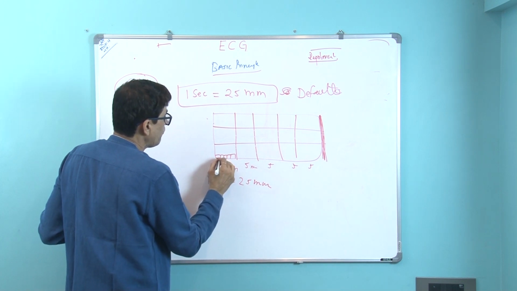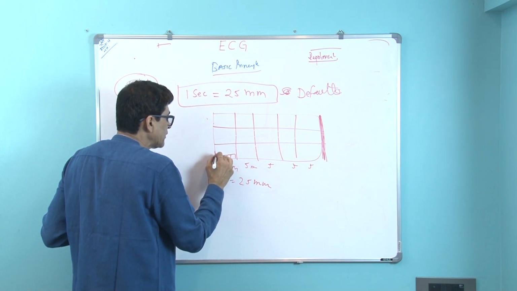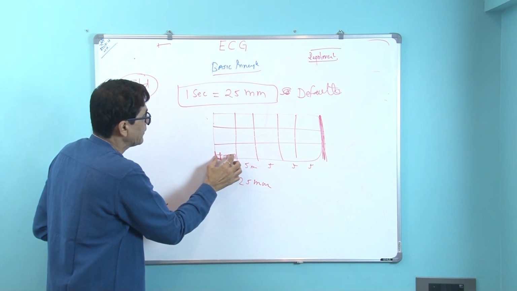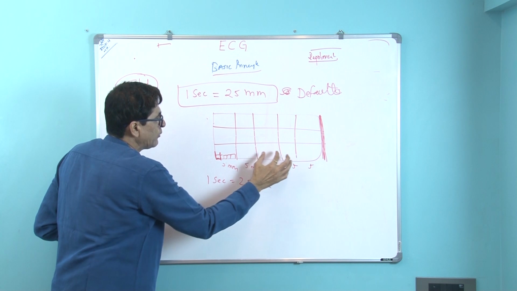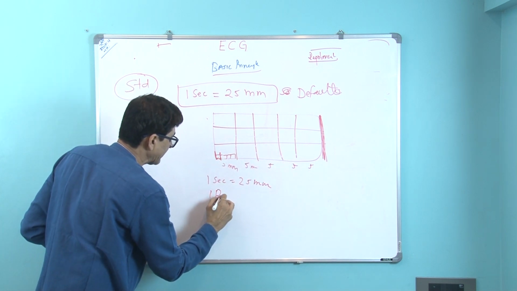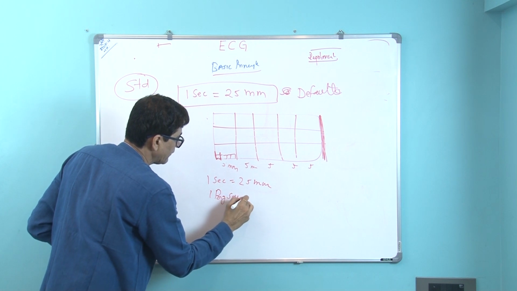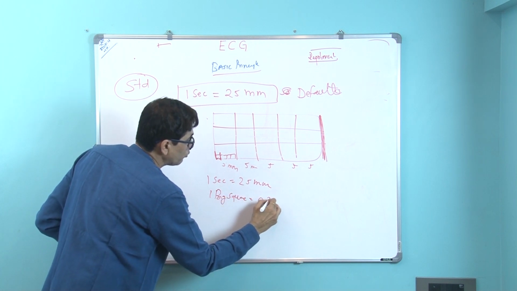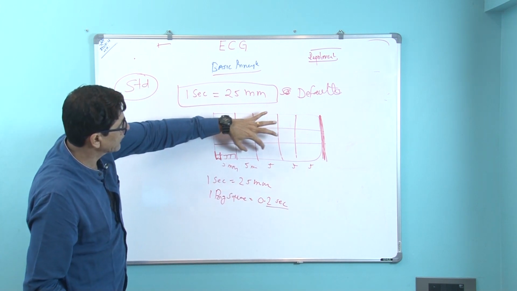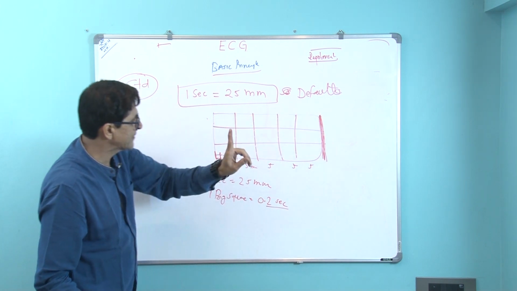Now what is the distance between these two lines in time? 1 big square will be of 0.2 second. So 0.2, 0.2, 0.2, 0.2, 0.2, that is 1 second.